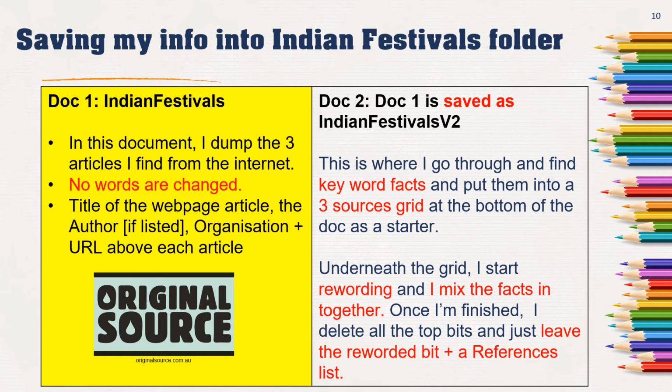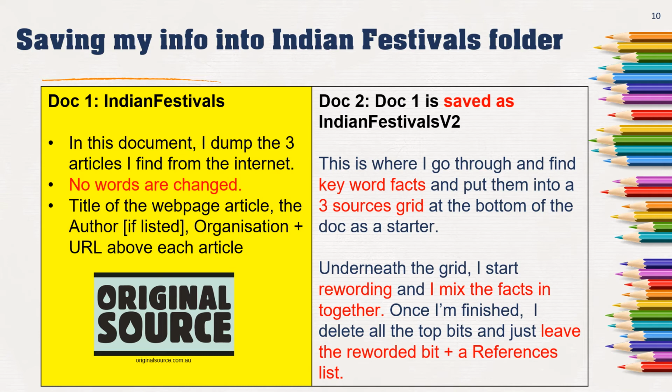So I need the original words in the Indian Festivals document so I can see what I have changed. If I work well with printed documents, I might go through and do a bit of color highlighting of keywords in the original document on the printout version. Maybe I don't like working with printed versions, but that's one option.